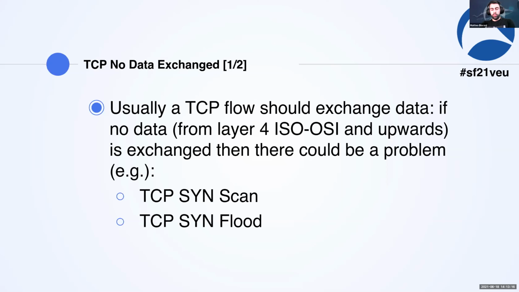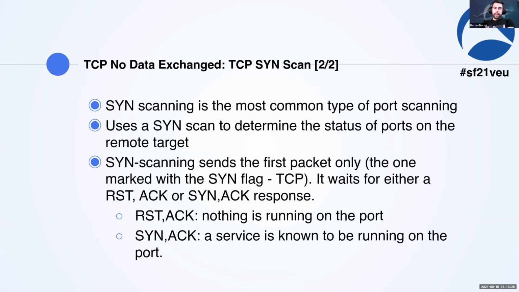Two of the most known types of problems we can have are the TCP SYN Scan and the TCP SYN Flood, for example. In fact, here we have the fourth script, the TCP SYN Scan. The TCP SYN Scan is one of the most common types of port scanning because it is really easy to develop.